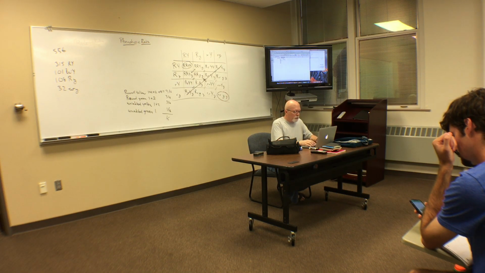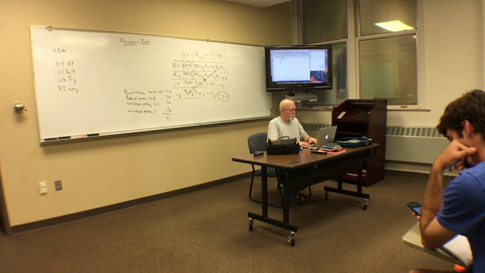We would expect 3/16 times 556, which would be 104.5. We would expect the same thing for this. We would expect 1/16 times 556 for that. And that would hopefully add up to 556 also.